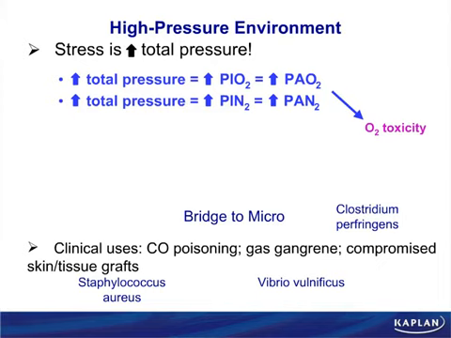Those two are aerobes, but they've still shown clinical promise by going into a high pressure condition, because we get a little bit better blood flow, a little bit better delivery of oxygen, etc., and so we're able to heal a little bit better.